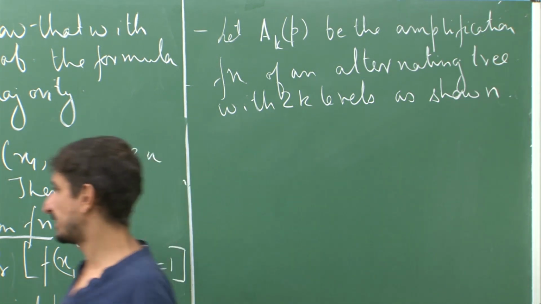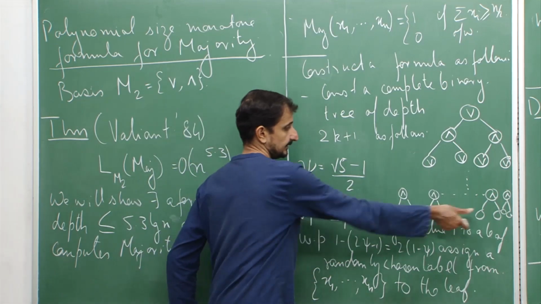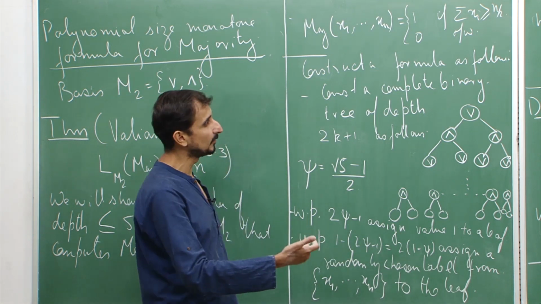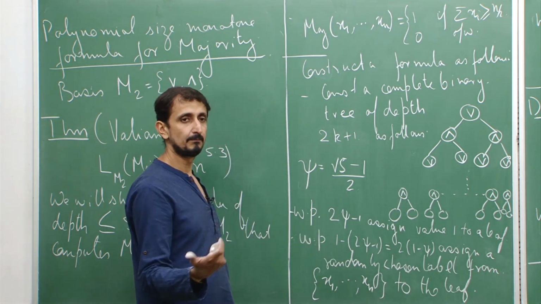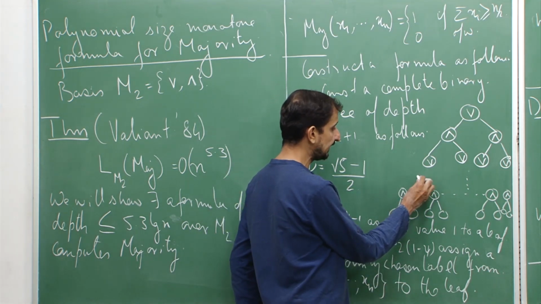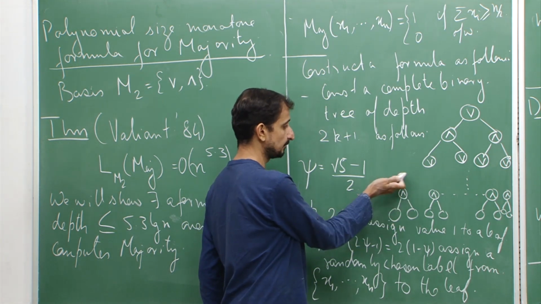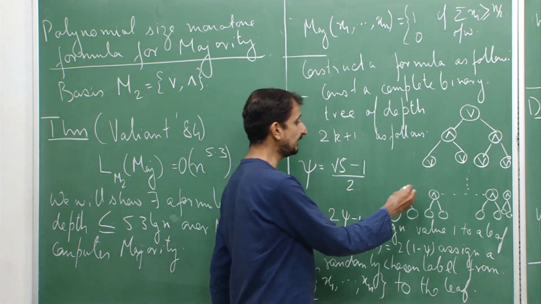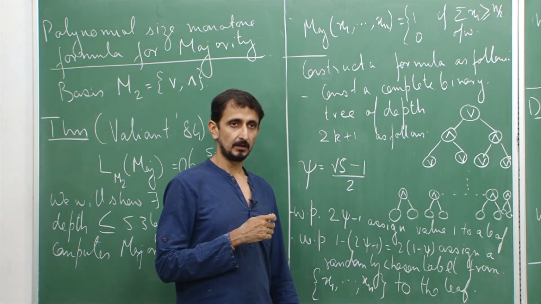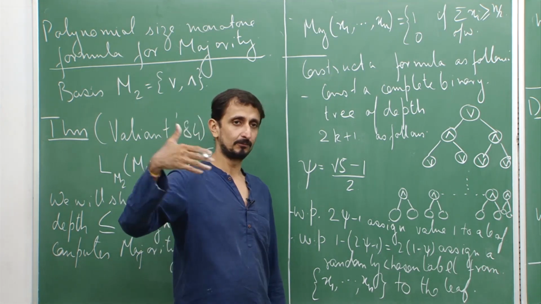Essentially what I mean is that A0 would be just the leaves. A0 of any p would just be the value of the leaf, so A0 of p is nothing but p itself. Then A1 of p would be whatever I am getting after the first OR. If I look at just 2 levels, what is the probability that I get at a node in level 2? A2 of p would be the value that I get at level 4, and so on.